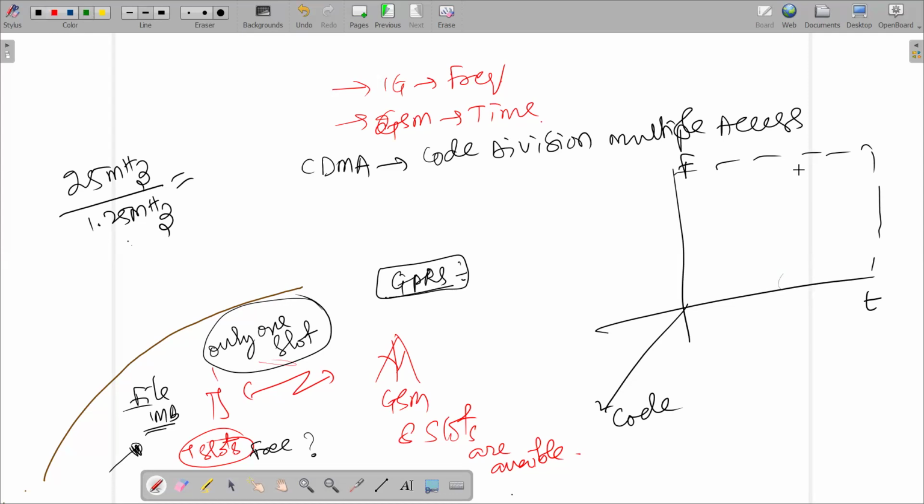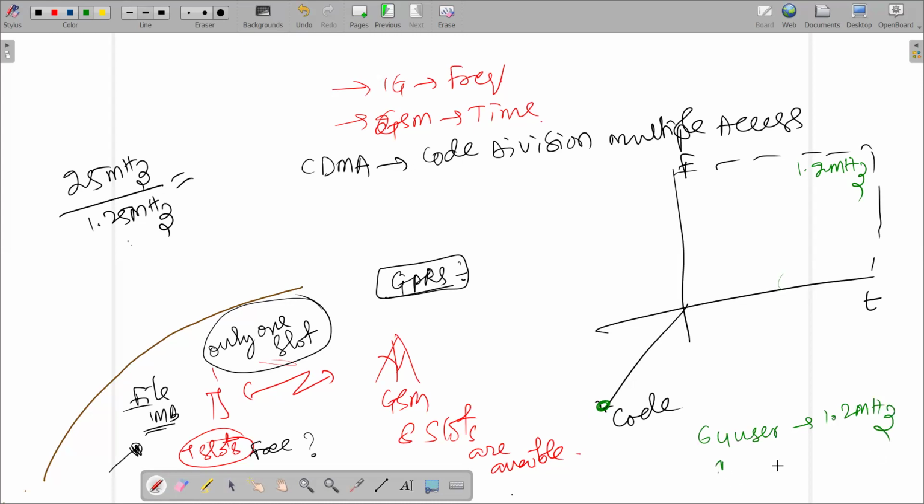this 1.25 megahertz can be assigned to a single user based on, like if 100 users are there, let us take 100 users, not technically 100 users, it is only 64 users, then this 1.25 megahertz can be assigned to all of them.